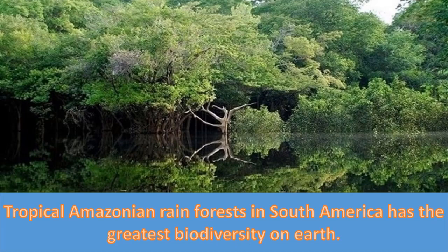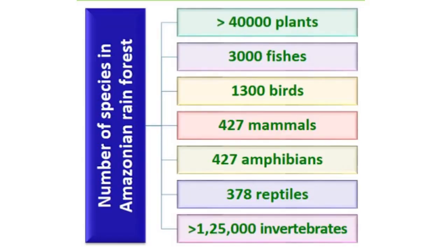The tropical Amazonian rainforest in South America has the greatest biodiversity on earth. This is a very biodiversity rich area. Here the numbers of species of different plants and animals present in Amazon rainforests are given.